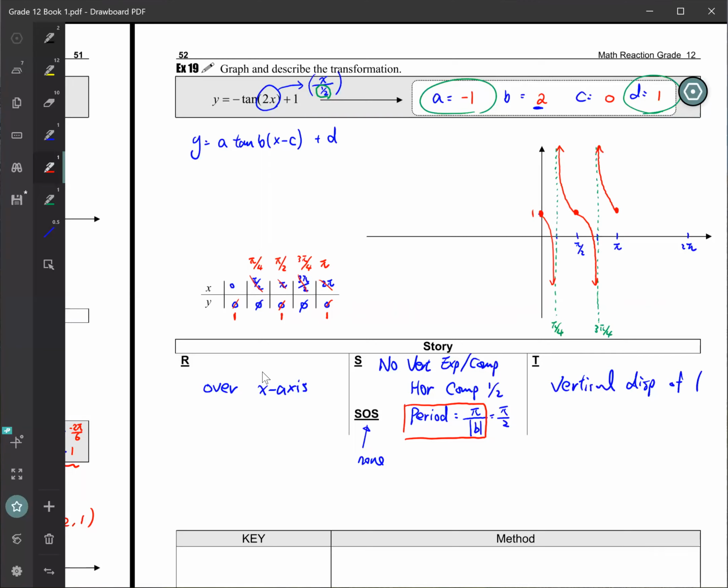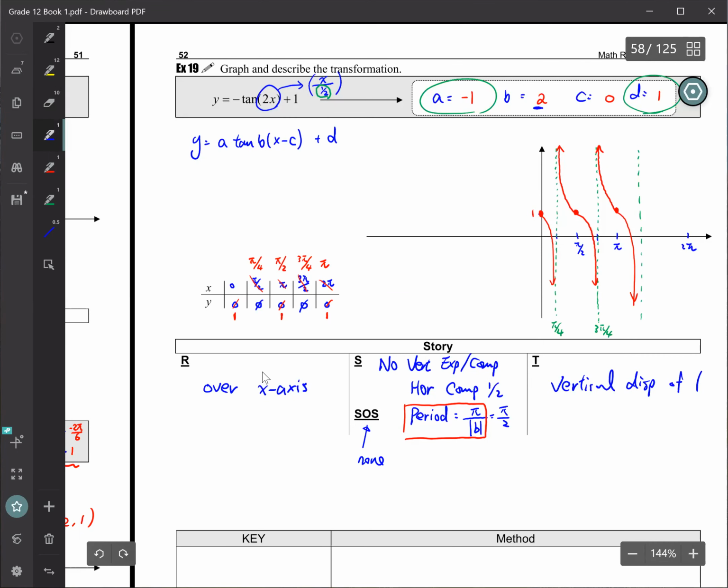Sometimes they will ask you to draw more, then you continue to draw more periods. If they say please draw 4 periods, then you draw a couple more. So there's another one. Let's draw one more period. The next asymptote should be at another pi.